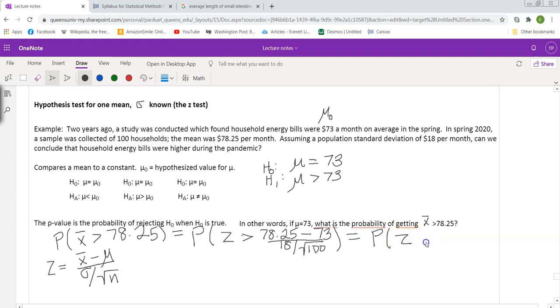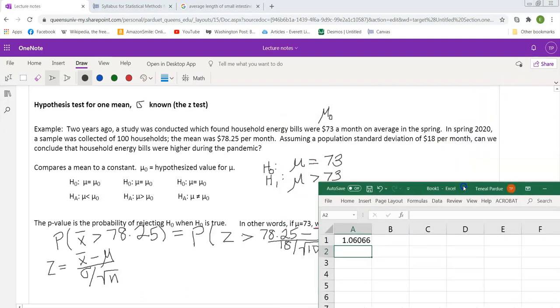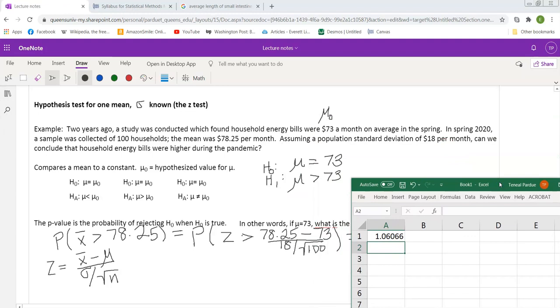So that's the probability that z is greater than, and I need my calculator here. So 78.25 minus 73 divided by parentheses 18 over the square root of 100, so just 10.